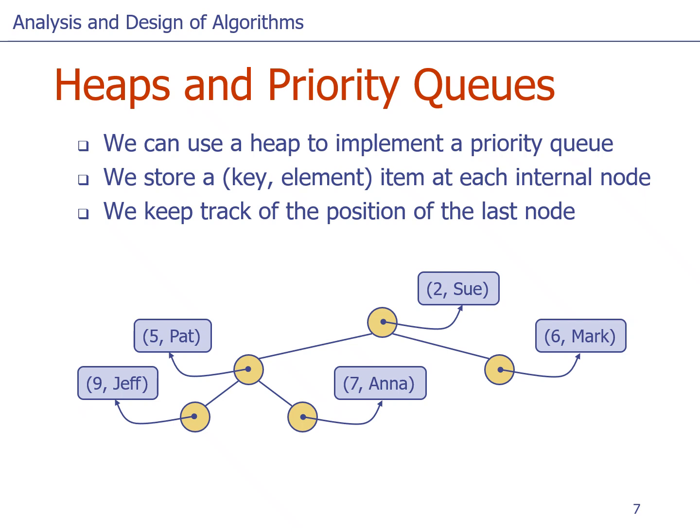So the next time we say, get us the next value, we're going to get the root. And after the root, we get the 5, and after the 5, we get the 6, and after the 6, we get the 7, and then the 9, and so on. We will see how all of that is going to be done, but this is the point: heaps are very related to priority queues. In fact, the most popular way to implement a priority queue is using heaps, as we will see.